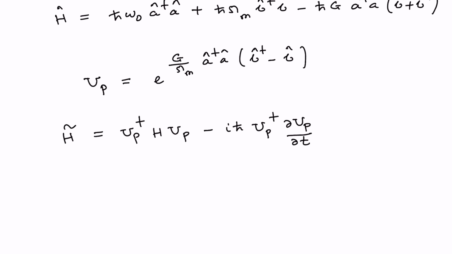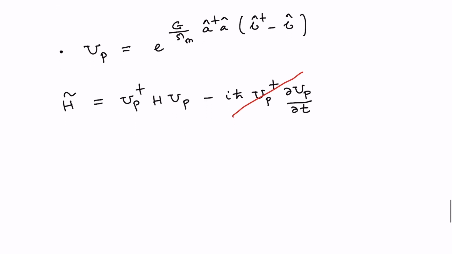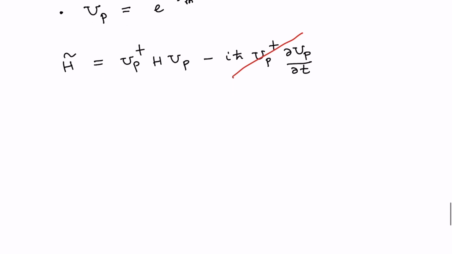Because this transformation is not time dependent, the second term is not going to be there, so we only deal with the first term. We have to work out everything term by term. So let me show you some explicit calculation here.